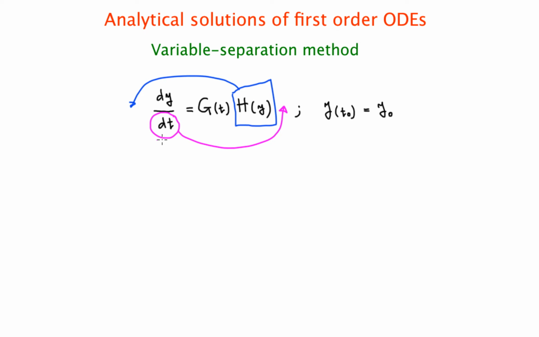Therefore, everything on the left will depend just on y, and everything on the right is going to depend on t. So if you bring this h function to the left, we have the h function, which just depends on y, times differential dy, equal to the g function, which just depends on t, times differential dt, because we're bringing differential dt to the right.